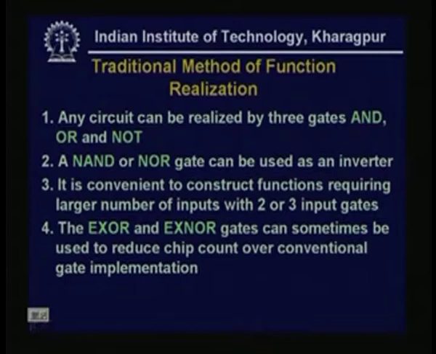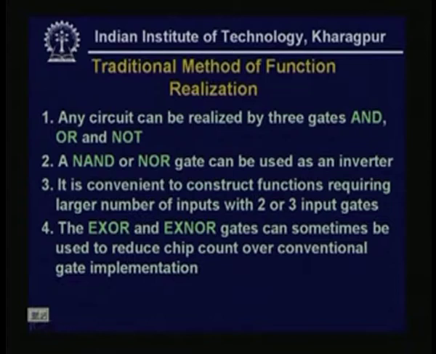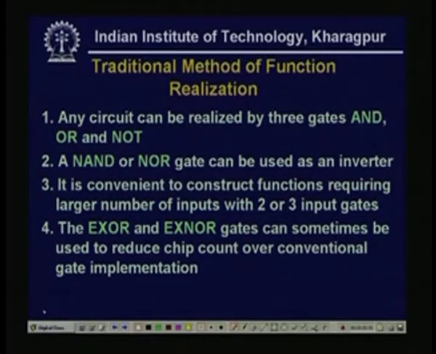Already we have discussed the Karnaugh map, that means given a table or some Boolean expression, how we can reduce it, and then how we can realize those functions. Normally any circuit can be realized by 3 gates, AND, OR and NOT, and these are the same as our 3 operators, dot, plus and the inversion or the complement.